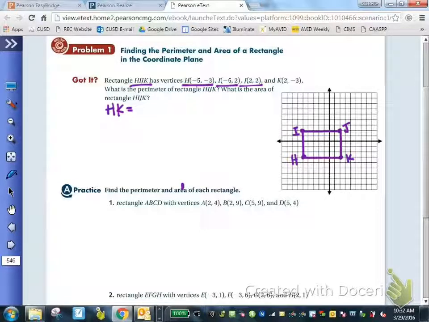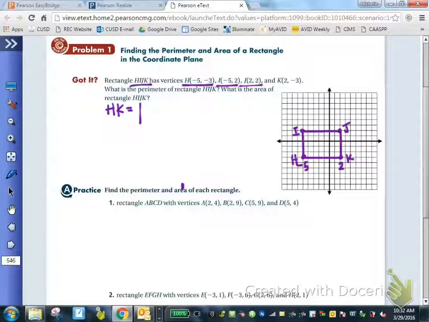And HK, the y coordinates are the same, correct? But the x coordinates are not. So we're going to find the distance between the x coordinates. How do we find distance between 2 points? Subtract them. H is at -5 and K is at 2. I don't have to worry about the y coordinates because the y coordinate is -3 for both of them. Does that make sense? So they're going to zero out.